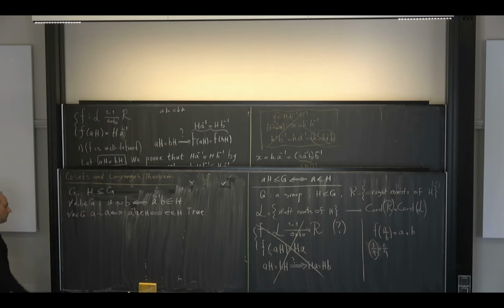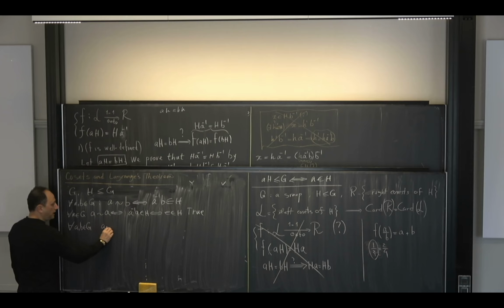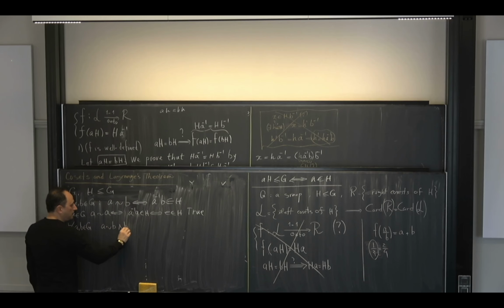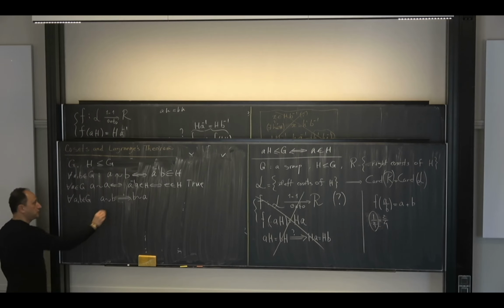Yes? The next one, symmetry. I have to convince you that for every pair in G, if A is related to B, then B is related to A. How do you think we can prove it? This is what we want to show.